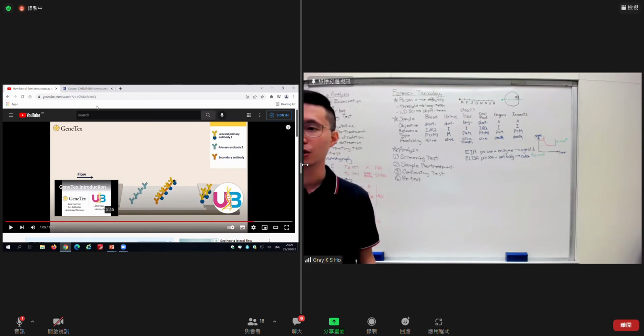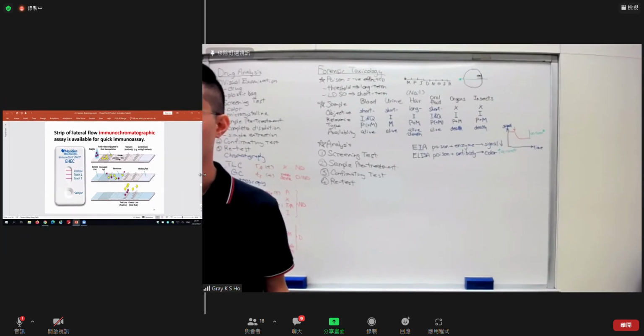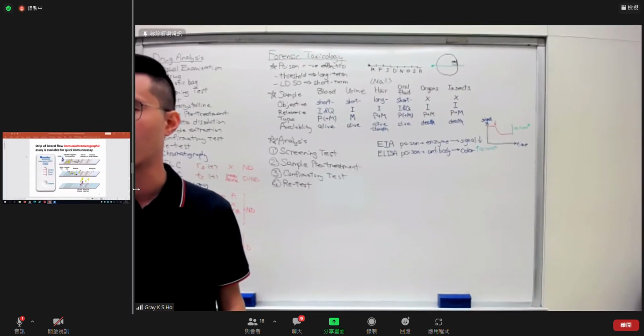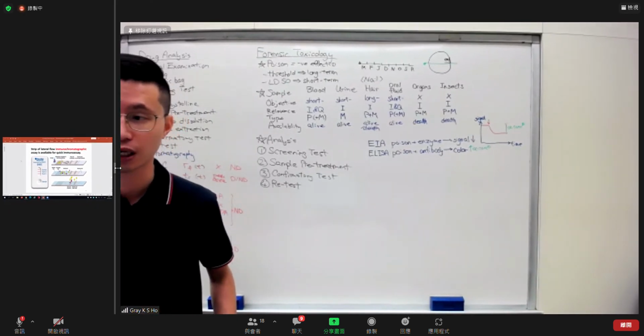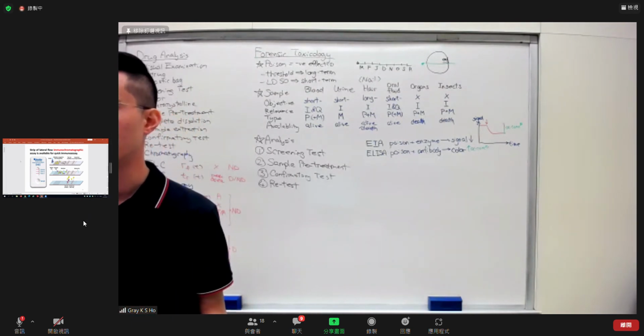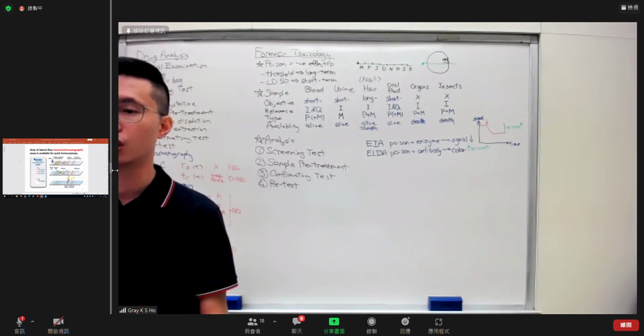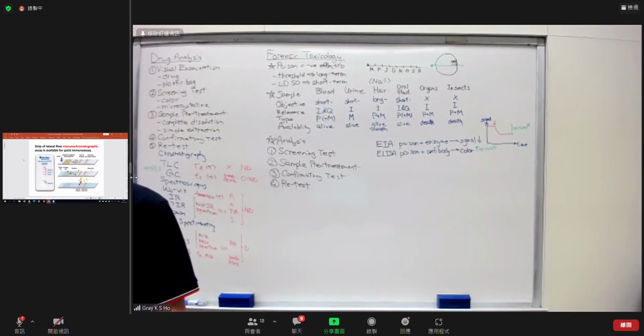So for the immunochromatographic assay, that is a kind of test with which we are able to achieve simultaneous measurement, just depending on how many test lines you have. For each test line, there could be a certain kind of specific antibody targeting a specific poison.